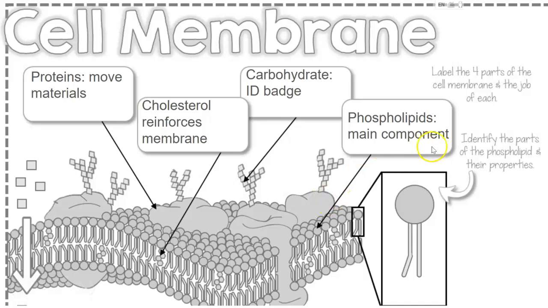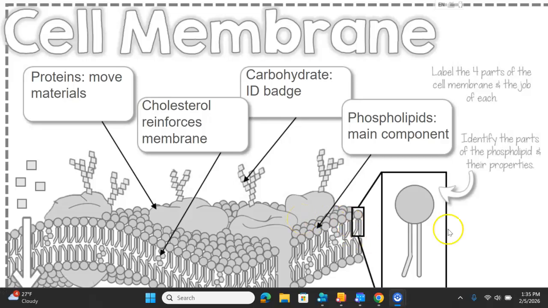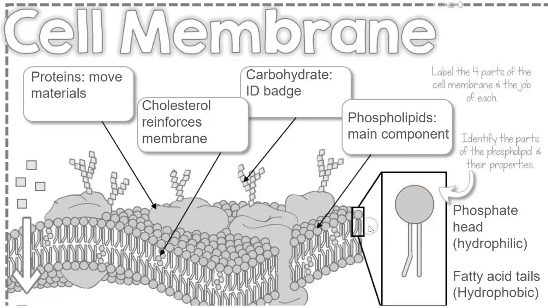And then finally, the phospholipids are the main component, right? See all of these guys lined up next to each other like they're at a rock concert and somebody could body surf over them. Okay, they are packed in tight. They are not rigidly connected to each other. Okay, and then if you expand the view of one phospholipid, you'll see that it has a phosphate head, and this is hydrophilic. This is a lot of review, right?